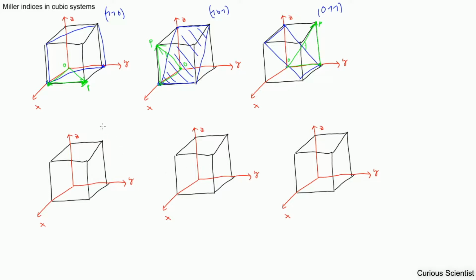We can try 1, 0, 0. I showed this already, but we can repeat. So basically we just have one intersection here, this face here, and then of course this is very simple.